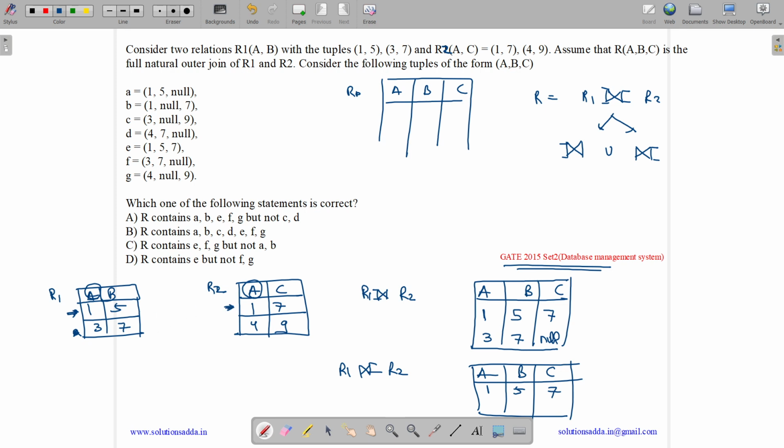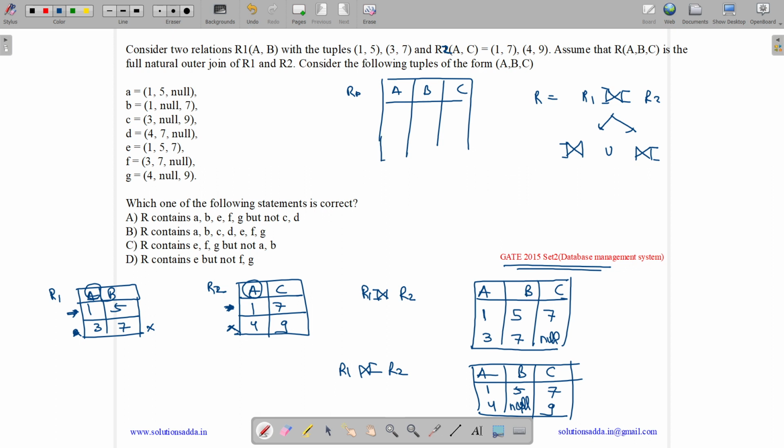So 1 7 is mapped to 1 5, but 4 9 is not mapped to anything, because 1 5 got mapped with 1 7, 3 7 doesn't get mapped with anything, and 4 9 also doesn't get mapped with anything. So here we write the elements of R2 which are not mapped to anything. So we write 4, 9 and null in the B entry.